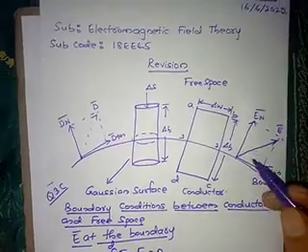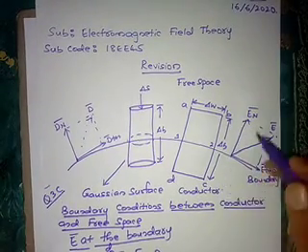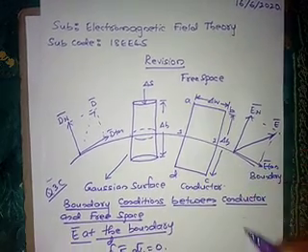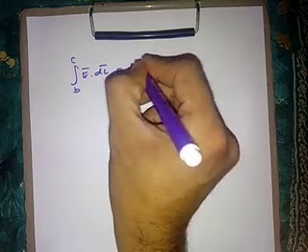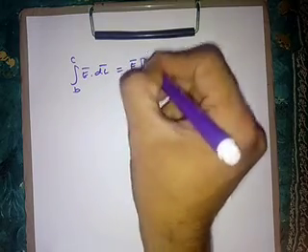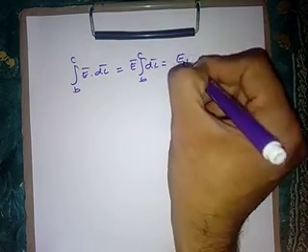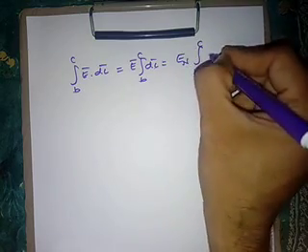For the small height delta H, En bar can be assumed constant. If you assume En bar as constant, then that can be taken out of the integral sign. So we have integral B to C E bar dot dl bar equal to En bar times integral B to C dl bar.